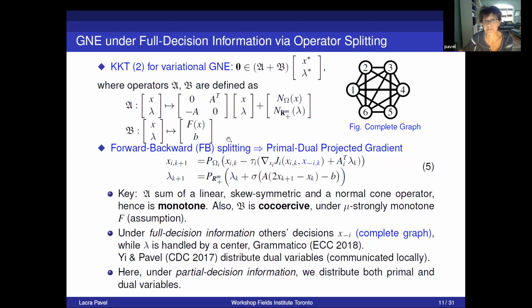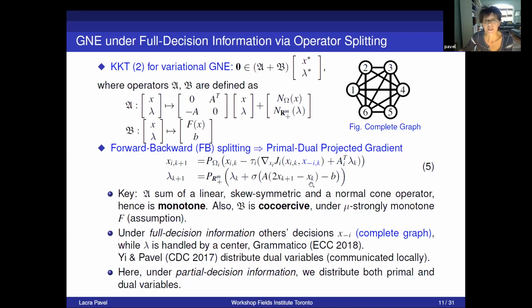as long as those conditions on the two operators, A and B, are met. And essentially, if one then puts together the player-wise, the element-wise component of such a forward-backward splitting operation, one essentially ends up with just a primal dual projected gradient, as in this relation 5.